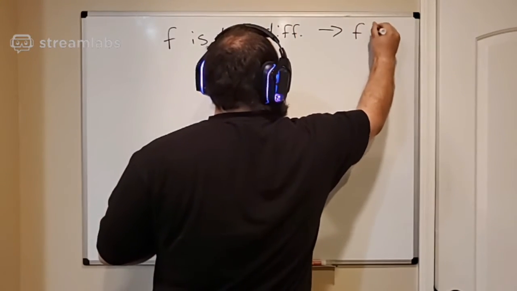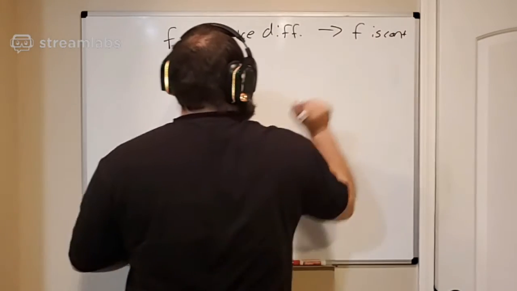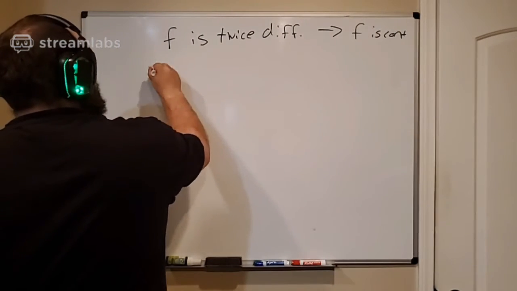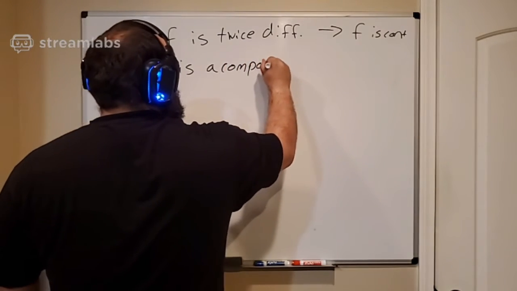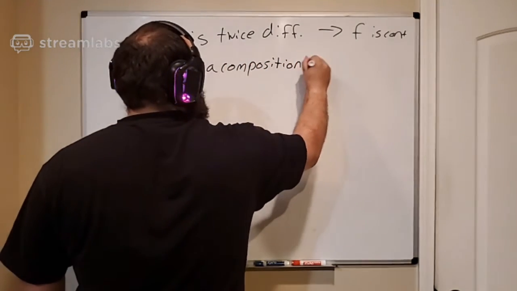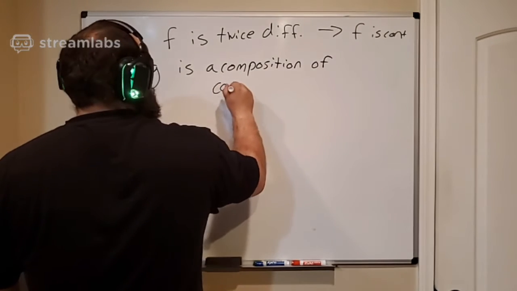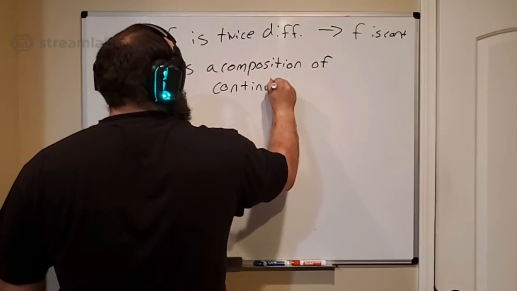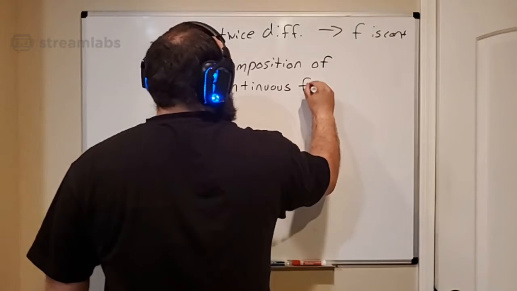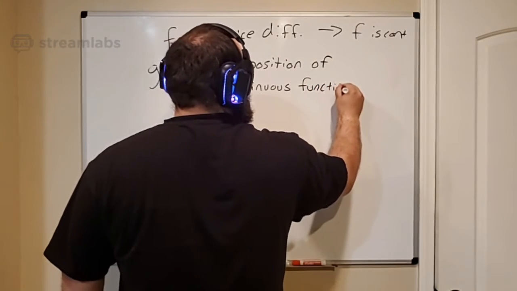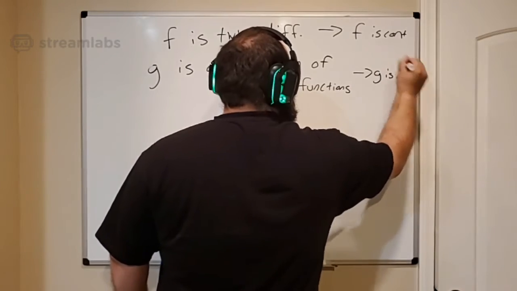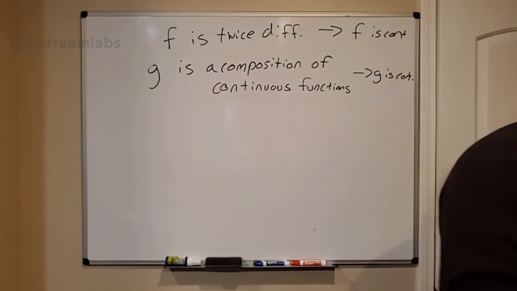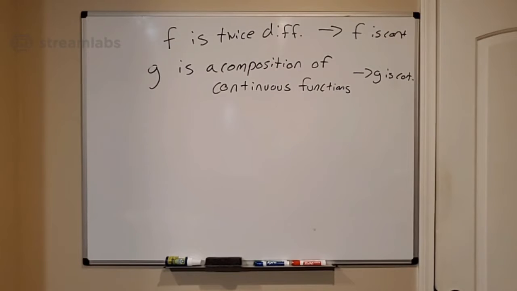Then you need to say G is a composition of continuous functions. Therefore, G is continuous. So the second part there is going to be the hardest part of this to get that first point. Most people would not get this first point, I'm not going to lie.